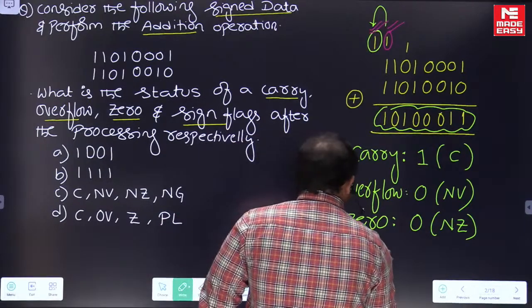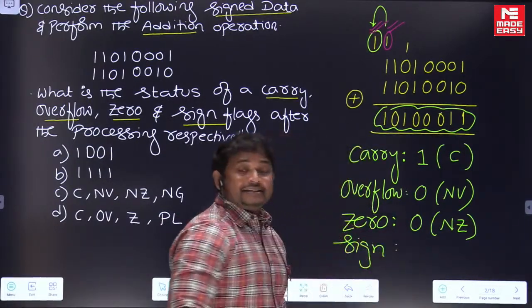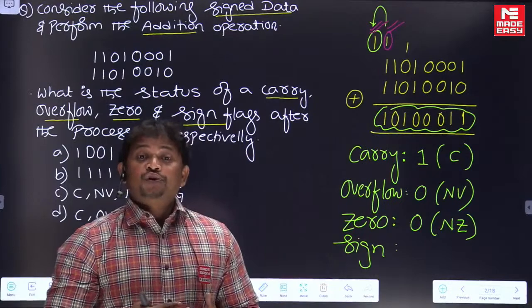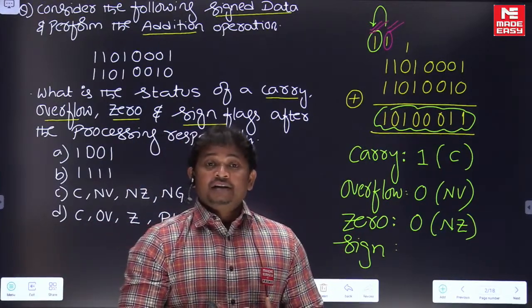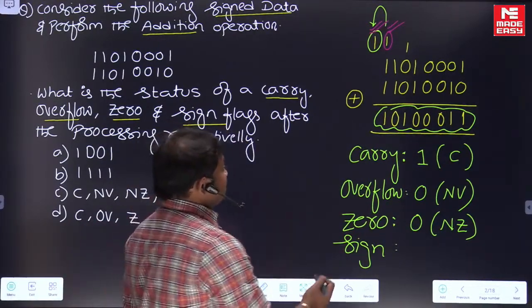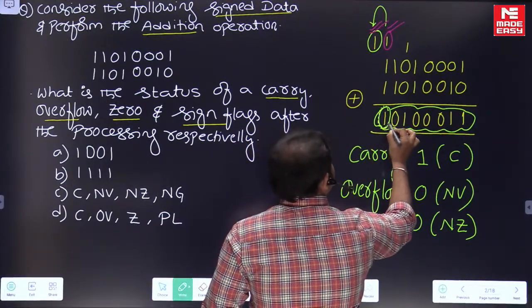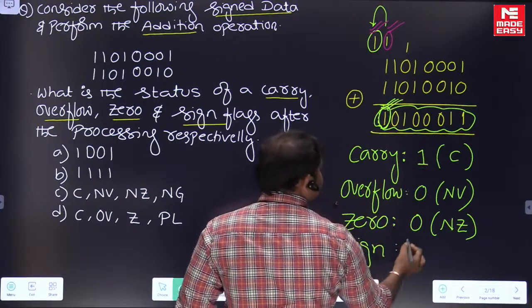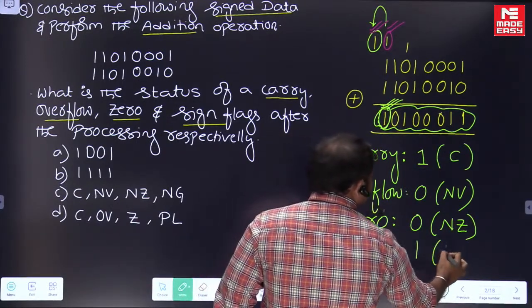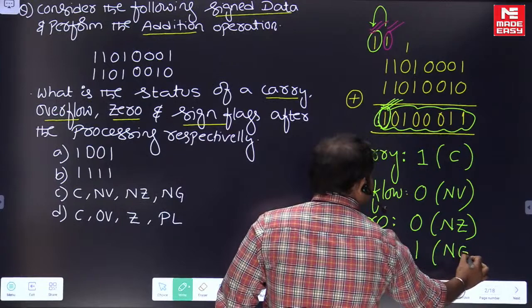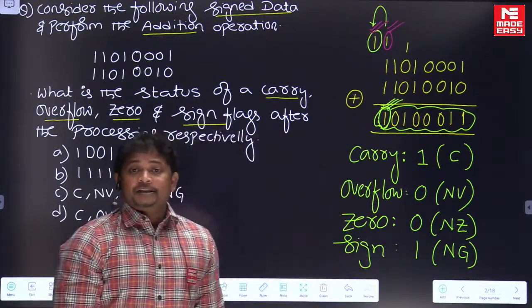Sign. The sign flag condition is: does the MSB bit of the ALU output accumulator contain 1? See this? This one. Contains 1? Yes. So the condition is true, the flag is set. Set means the character representation is NG. NG stands for negative logic.